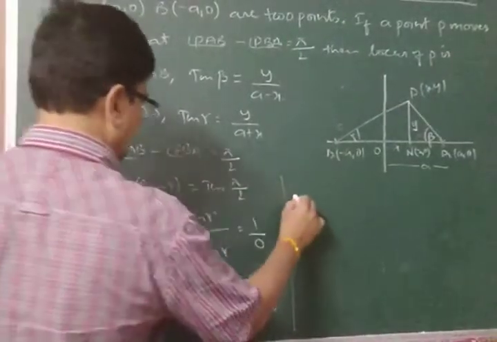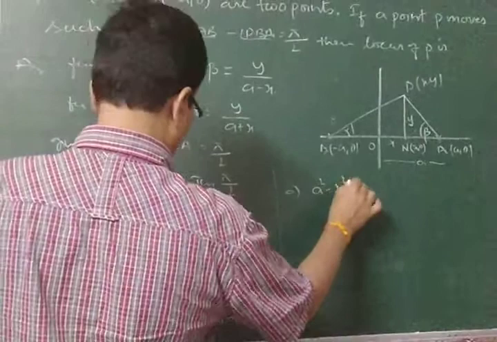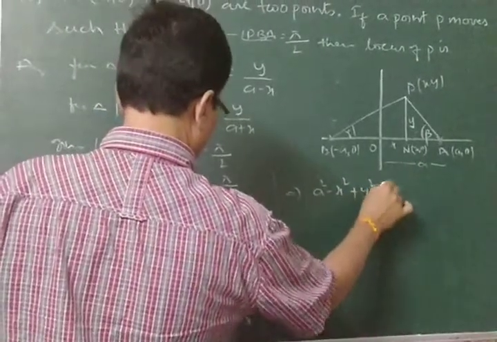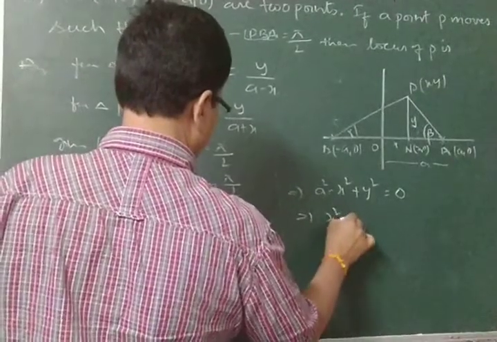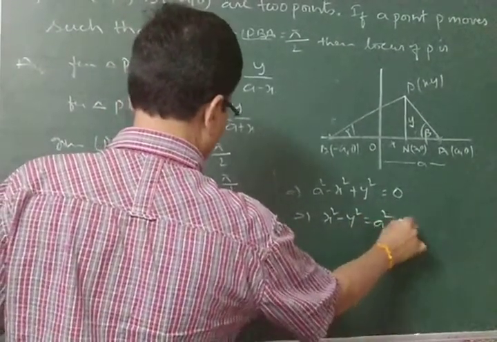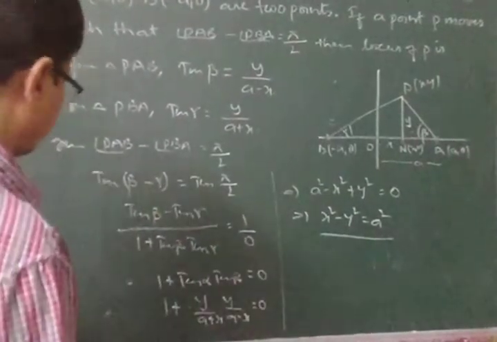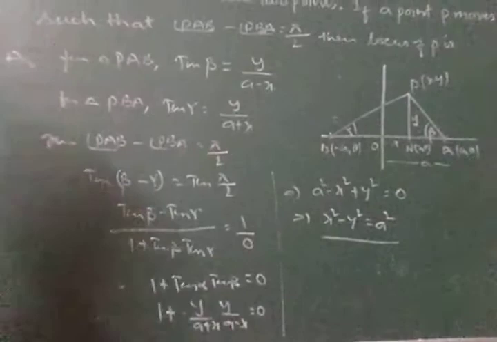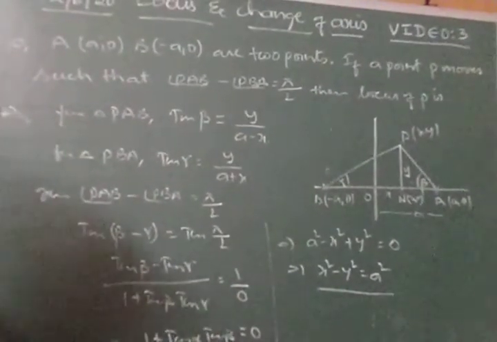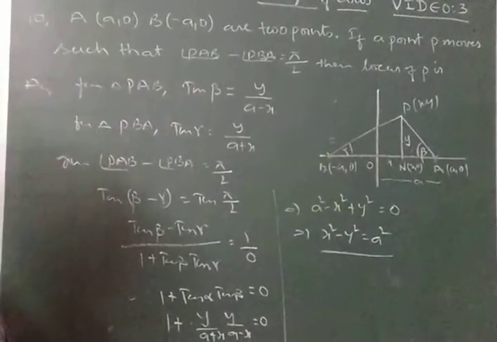So that implies a square minus x square plus y square is equal to 0. So x square minus y square is equal to a square is the required locus of point P, that represents a hyperbola. The locus is a hyperbola.